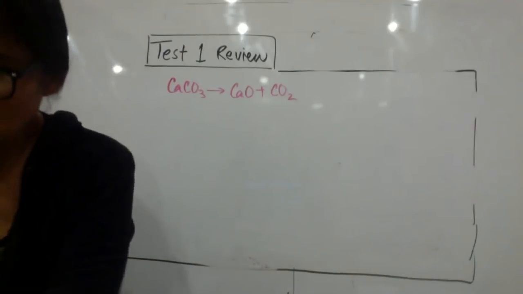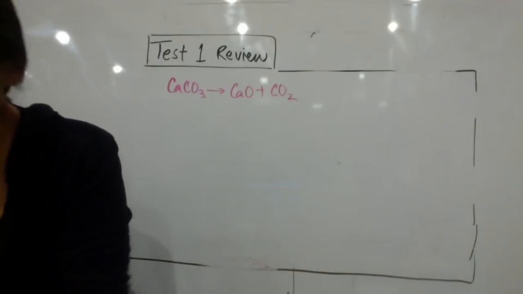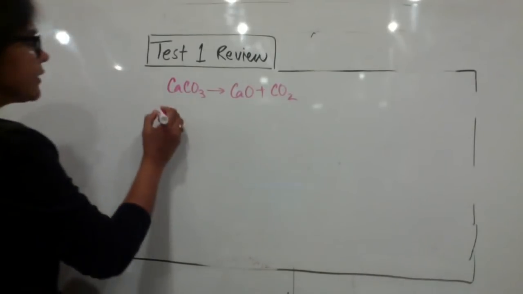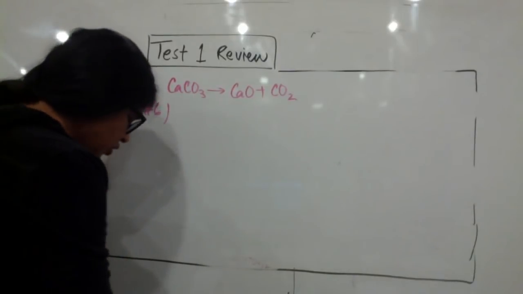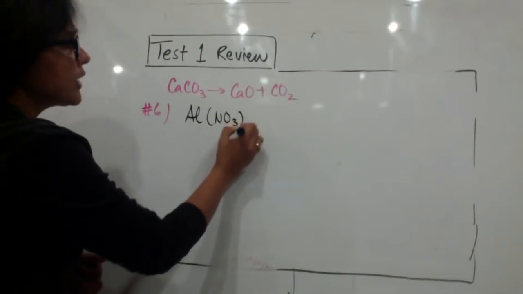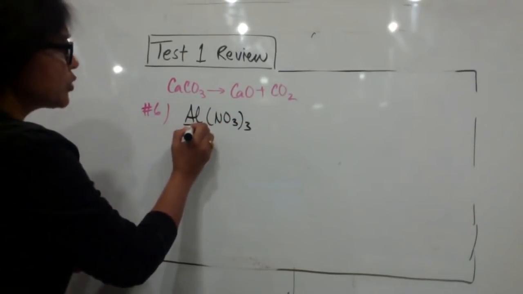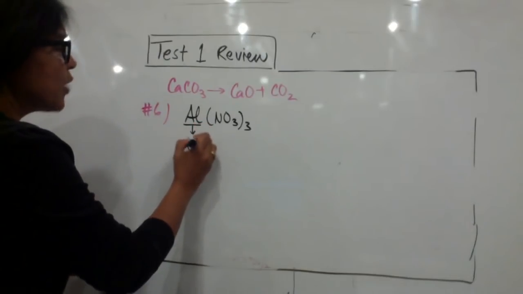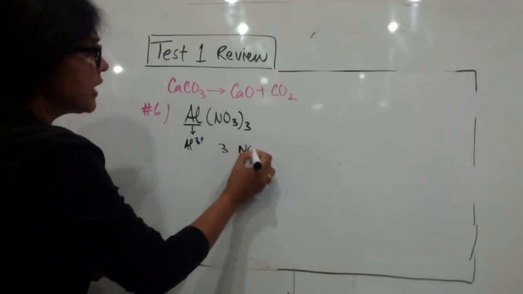Alan's question, number 6. So aluminum nitrate, I will give you the formula for aluminum nitrate. Maybe I shouldn't use this, I should use a black. That works better. I would give you that aluminum nitrate's formula is this. Then you should be able to say that there is 1 aluminum ion, you don't even need to know the charge, and 3 nitrate ions.